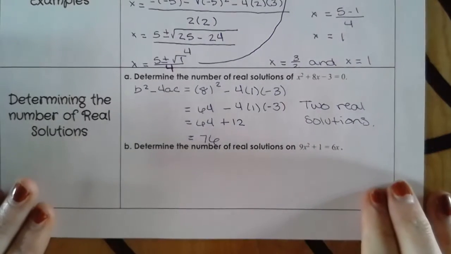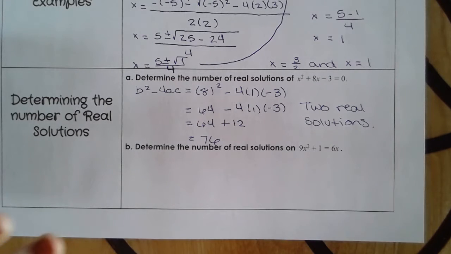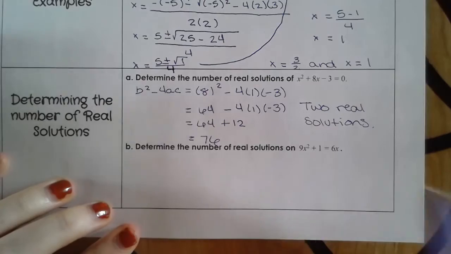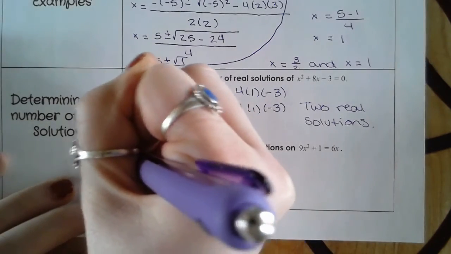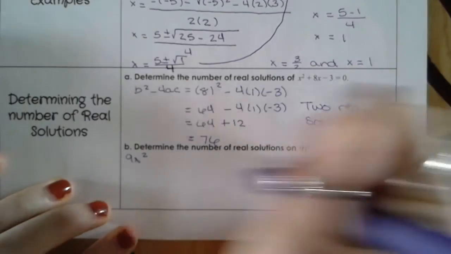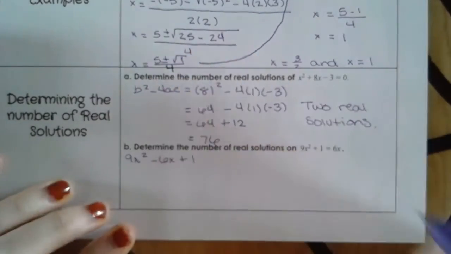All right, last one. I want to determine the number of real solutions for 9x squared plus 1 equals 6x. I'm first going to write this in standard form. So I'm going to rewrite it as 9x squared minus 6x plus 1.